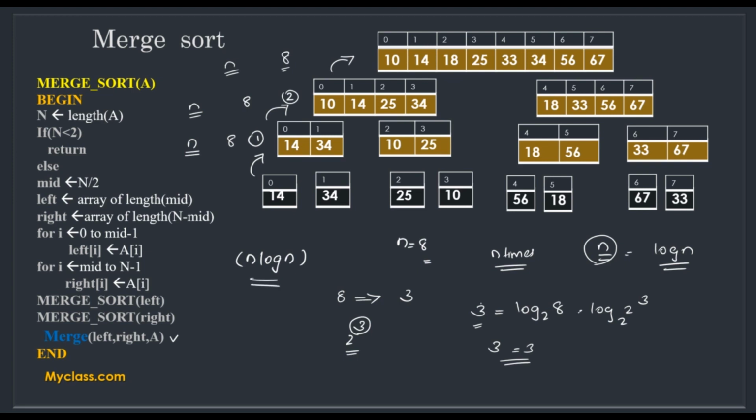So for merge sort, the best, worst and average cases are all order of n log n. Now I think you can understand how we get the n log n time complexity for merge sort.